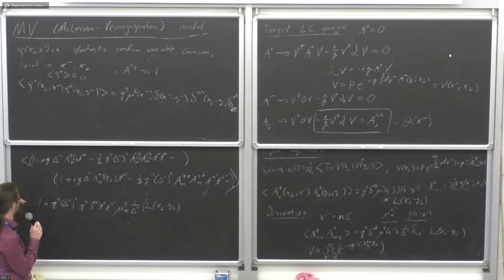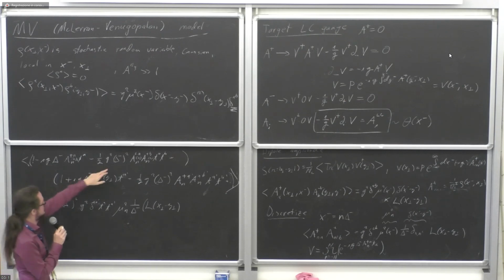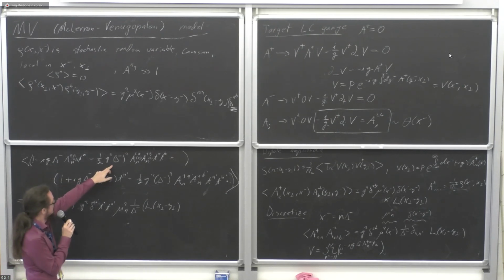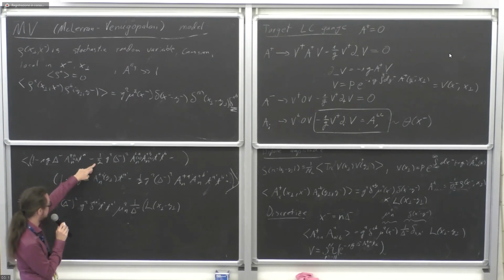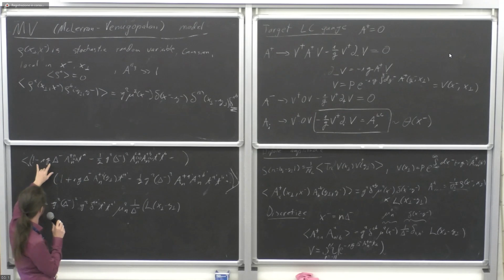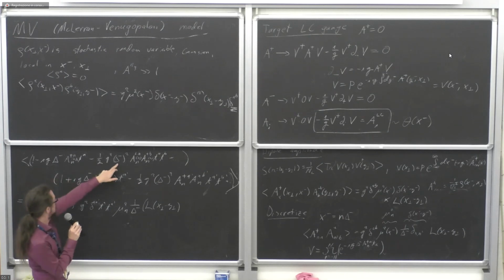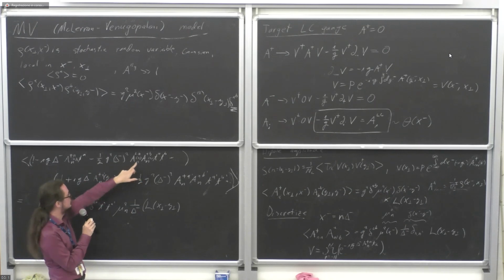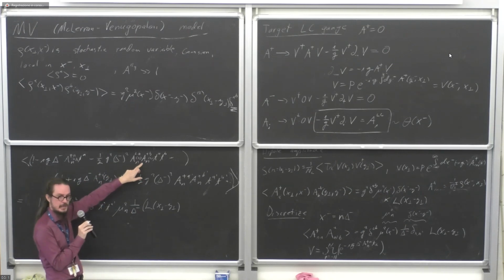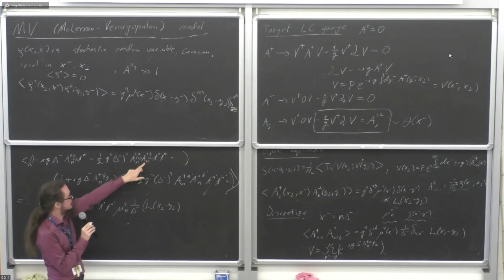Then the other terms at the same order in delta minus are the square term, where what you see is that first of all there's a minus 1/2. So here this times this gave a plus. This has a minus 1/2. It has the same powers of g, same powers of delta minus. It has similarly a 2-point function, a 2-point correlator of A pluses. But now these are two A pluses at the same point, right?